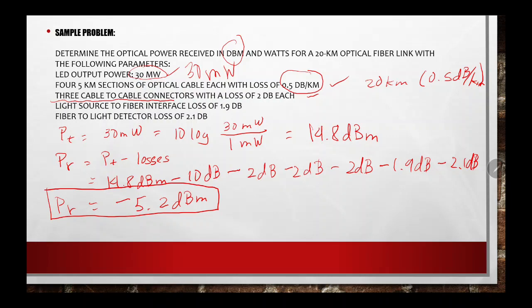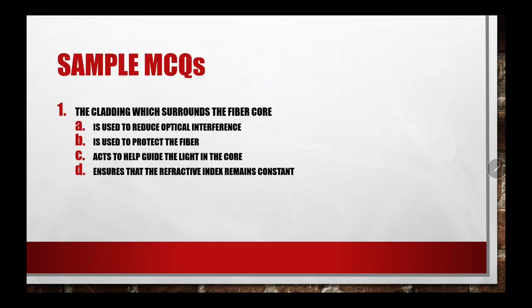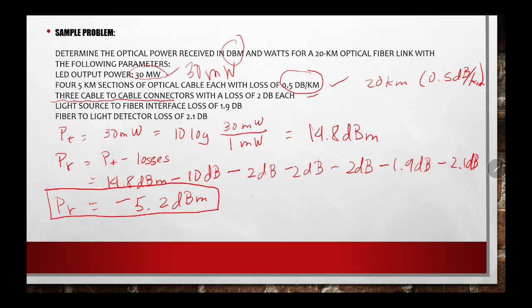So, para i-convert natin sa watts, balik tayo. To convert sa watts, ang power receive is equal to 10 log yung power receive mo in watts divide mo ng 1 milliwatt.